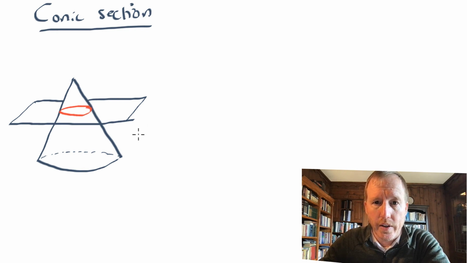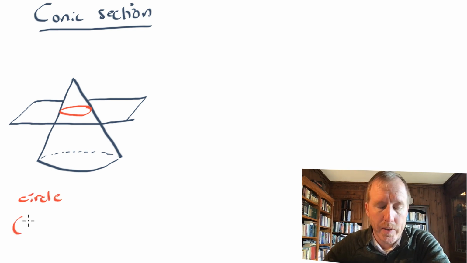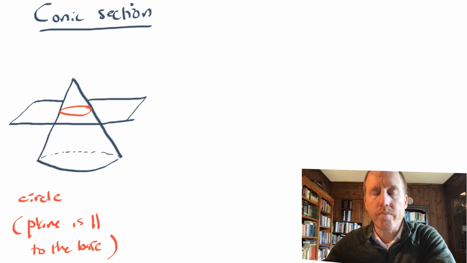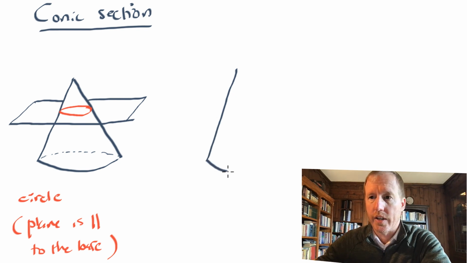In so doing, the line of intersection of the plane with the cone would form a particular line, and this line would be a circle. So that would be one of the conic sections, formed when the plane of intersection is parallel to the base of the cone. Or you might say it's perpendicular to the axis of the cone. Okay, that's the first conic section.